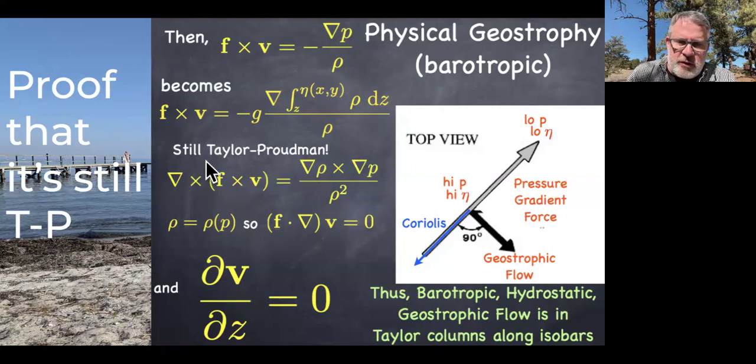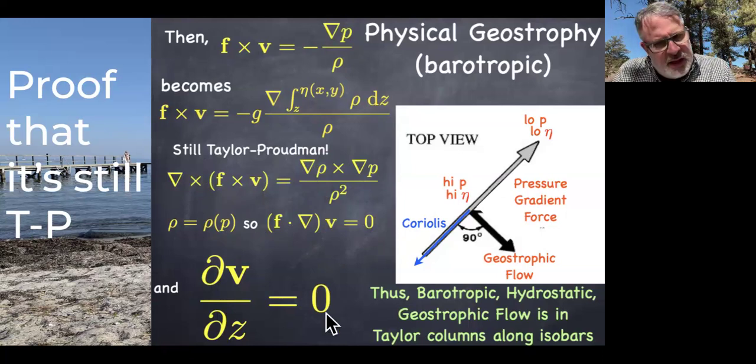So we still get that the curl of the Coriolis force is zero, because this cancels out in a barotropic fluid. And so we're back to our business where f cross gradient of f dotted into del of v is zero. So dv/dz is zero.